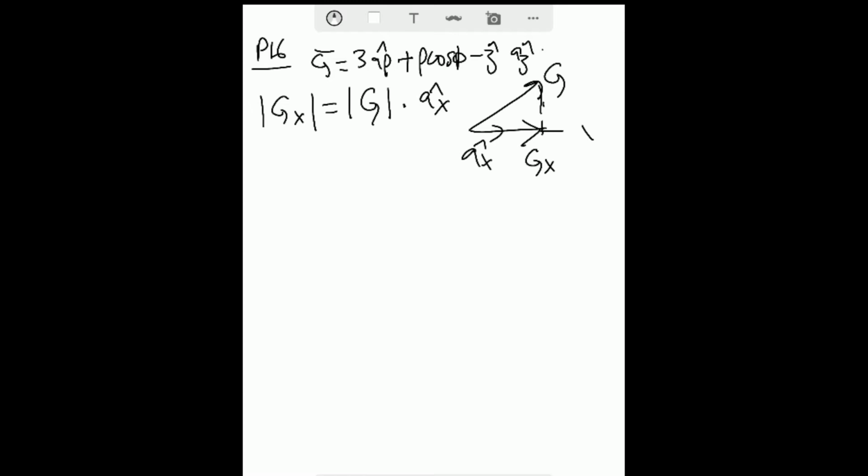And the direction of this is a_x, so the g_x vector will be the g_x magnitude in the a_x direction. So what I need to do is to just dot the vector g with a_x.